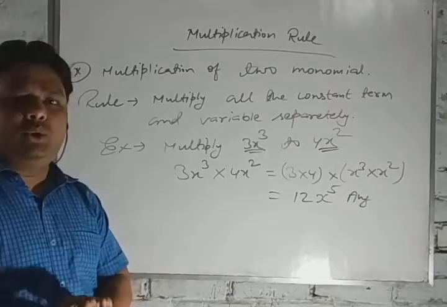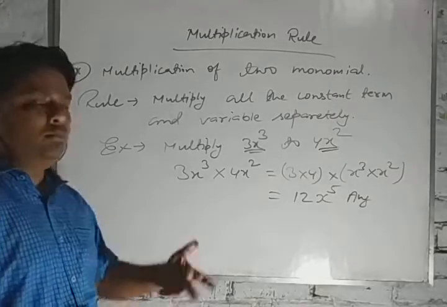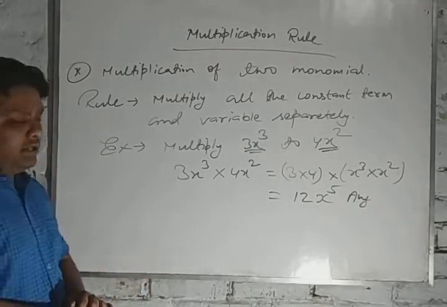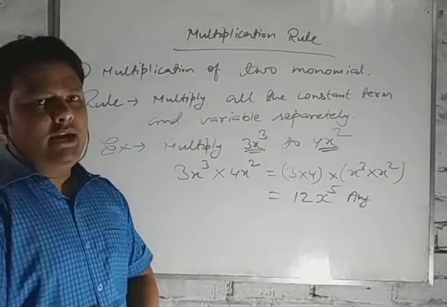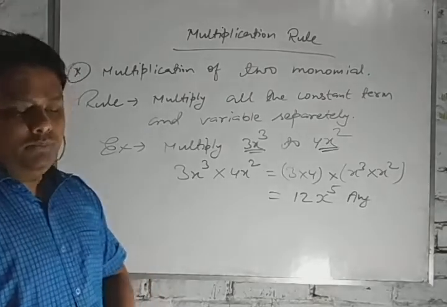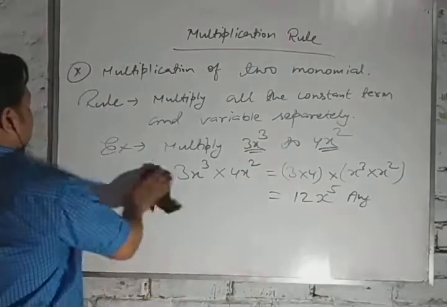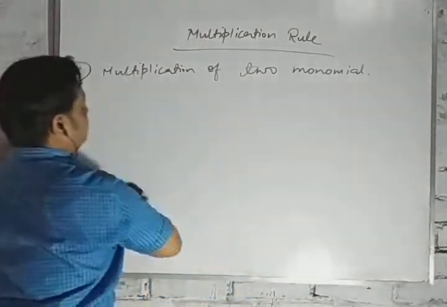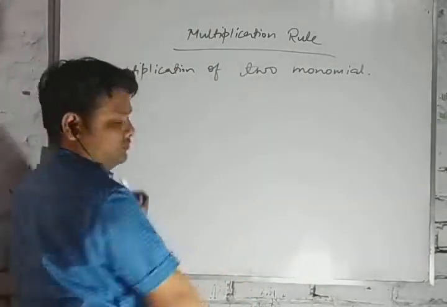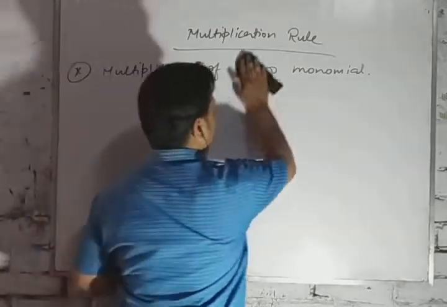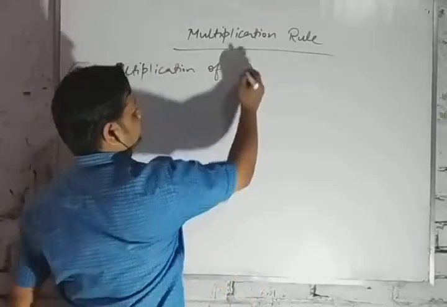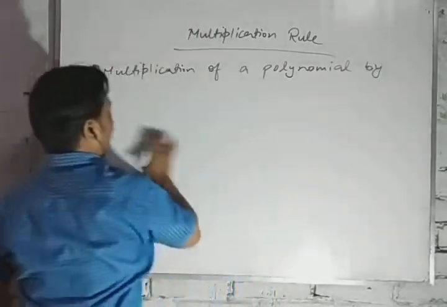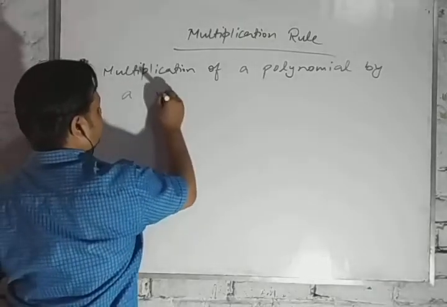Polynomial means more than two terms. If in any expression there are more than two terms, then it is called a polynomial. Okay. Now we will discuss how to multiply any polynomial by a monomial. Okay. So let's discuss. Multiplication of a polynomial by a monomial.